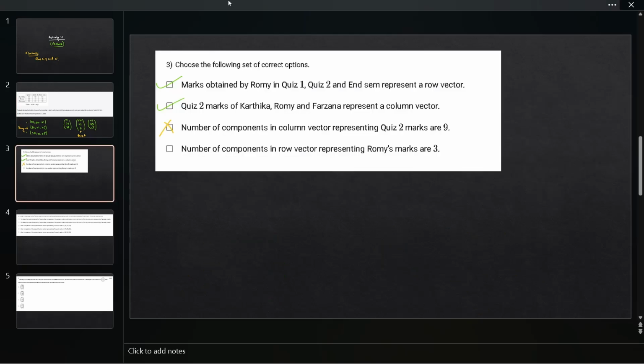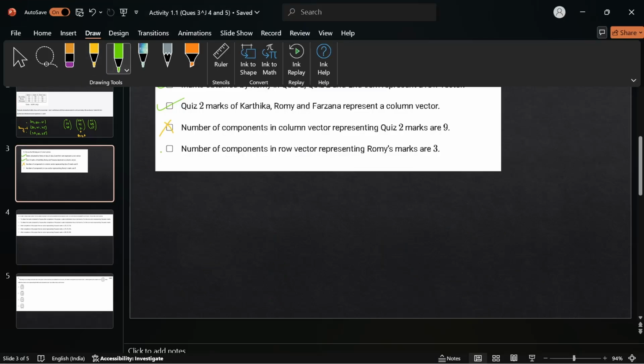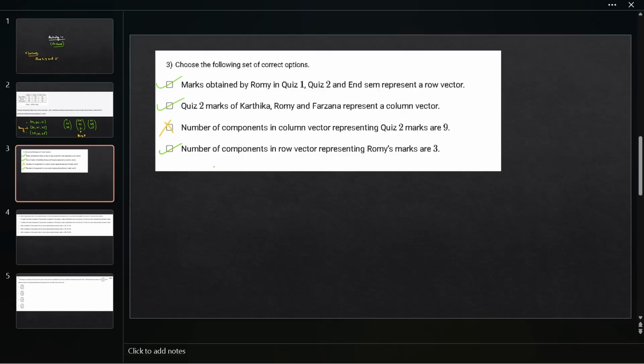So option number 4 is correct: yes, we have only 3 components in the row vector representing Rami's marks. So this was question 3 for you.